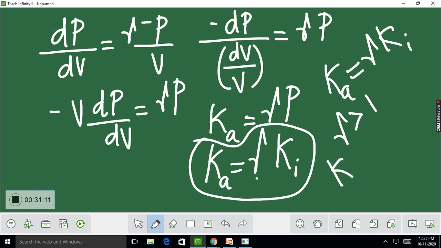Therefore, we can conclude that the adiabatic elasticity is greater than the isothermal elasticity. This is an important result. The slope of the adiabatic PV diagram is greater than the slope of the isothermal PV diagram.